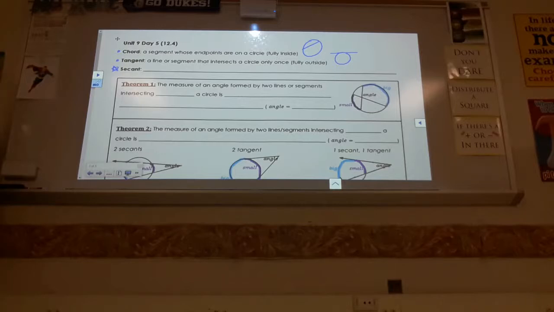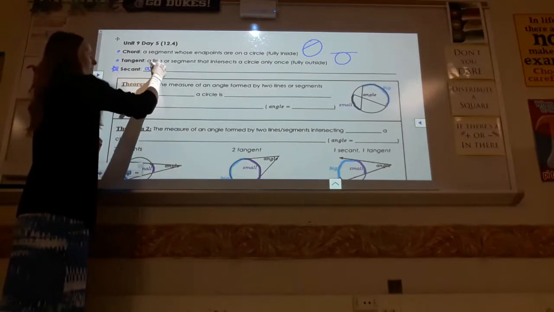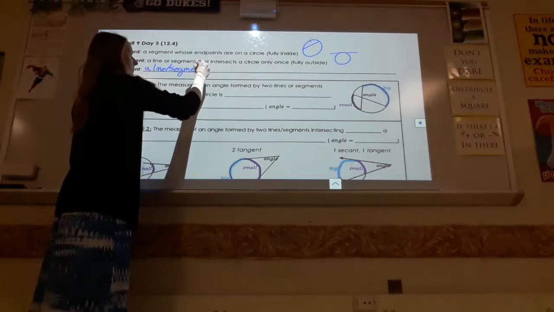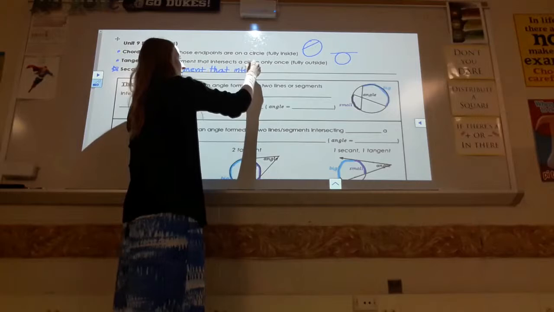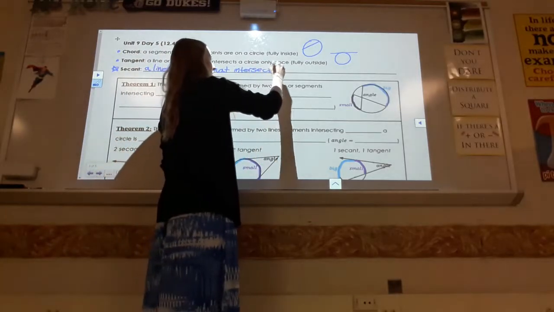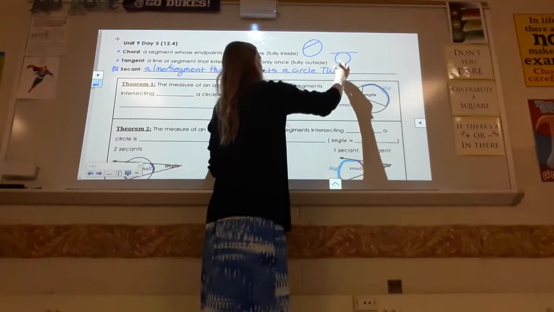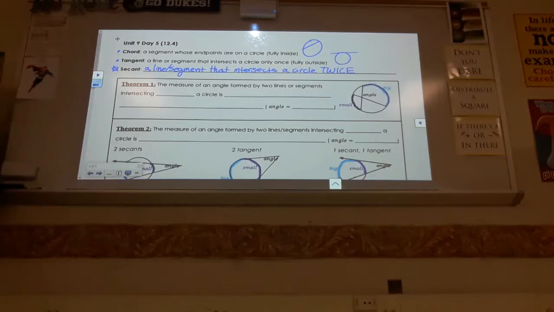Now we're going to be learning about a third line called a secant. A secant is a line or segment that intersects a circle twice.